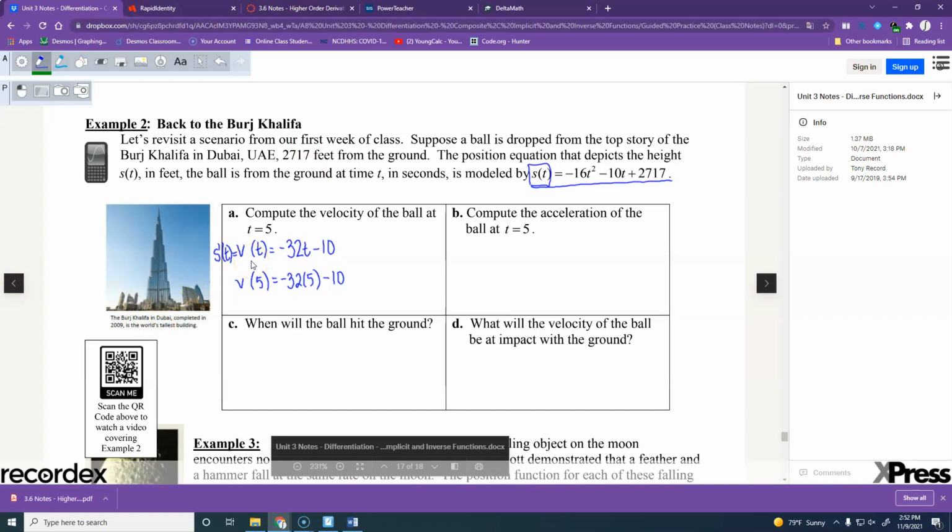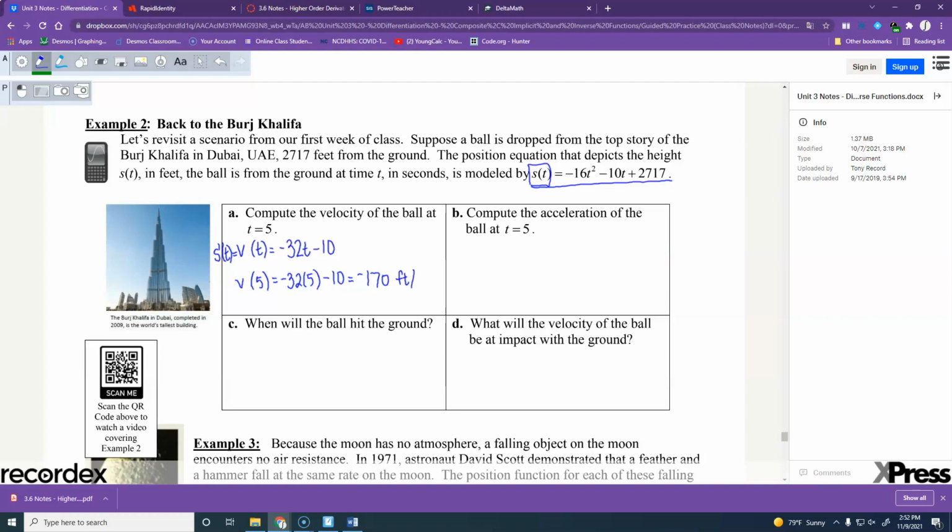Right. And so our velocity at 5 is going to be negative 170 units. Not meters. Feet per second. Not squared, because squared would be acceleration.